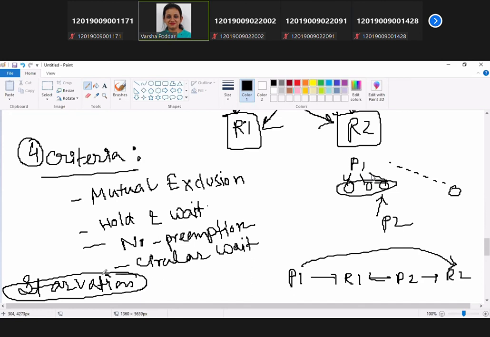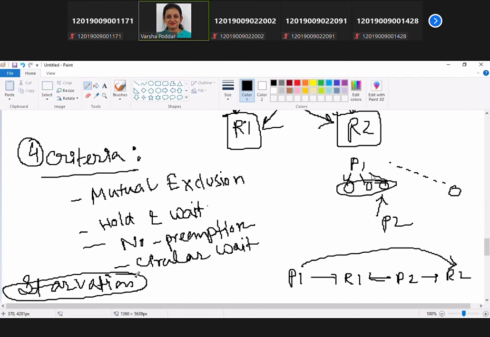What is starvation? Starvation means one process is waiting for another, and likewise it is waiting for infinite time.